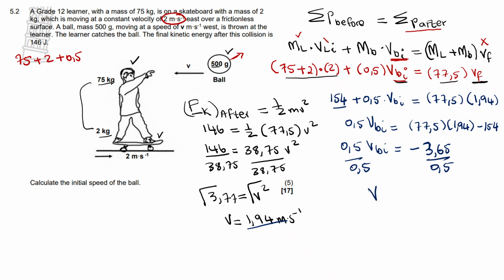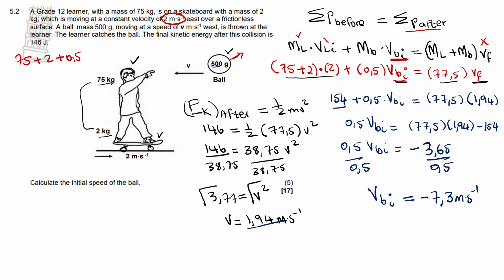Therefore, what is the initial velocity of the ball? So we take this, we divide by 0.5. This gives us negative 7.3 meters per second. So why is this giving us negative?